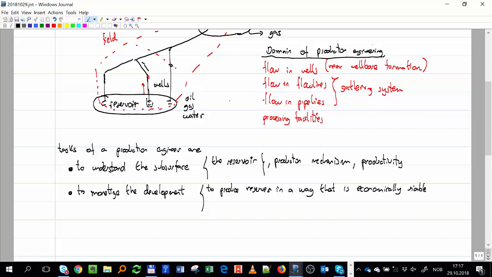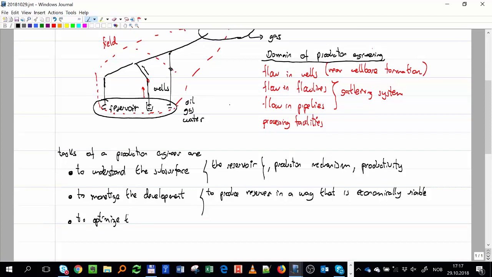Okay? And then the last part is to optimize the development. Optimize can mean many different things, but basically I already have a system, I understand the subsurface, I have done a solution to monetize, to start to get money, and then I want to optimize the development. I want it to produce as much as possible, with as little cost as possible.